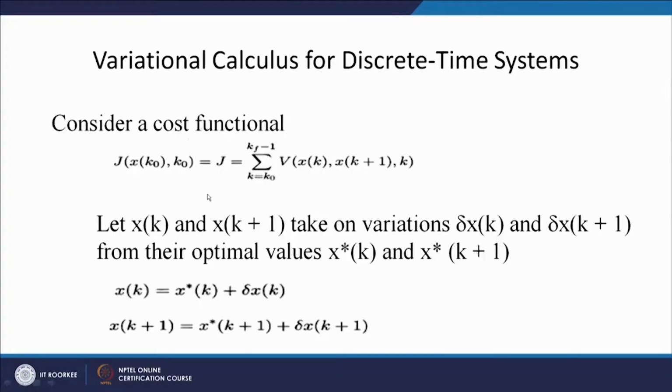As we have defined the continuous time functional, similarly we can define a discrete functional, which is nothing but the summation of a functional v, where v is a function of xk, xk plus 1 and k.